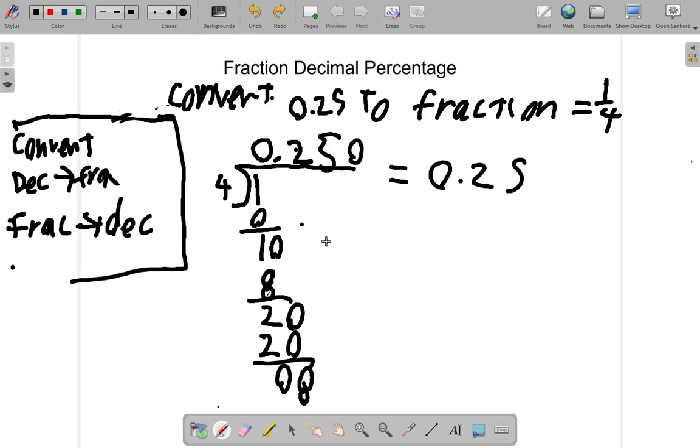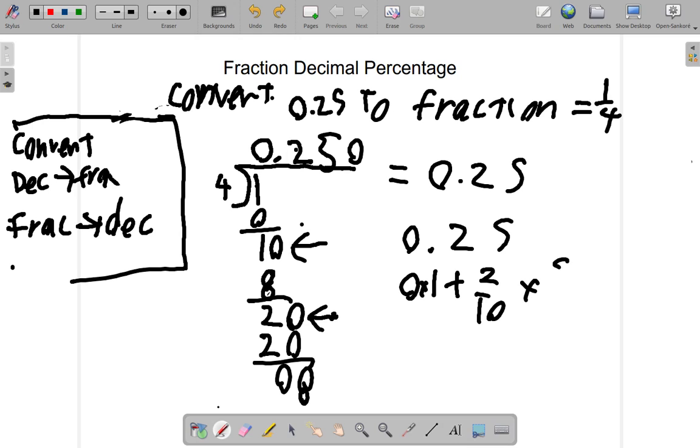Just before I finish off, each time I said to add a 0 here, remember, when you are converting and you say 0.25, what you really have here is 0 tens plus 0 ones, plus 2 tenths plus 5 hundredths.